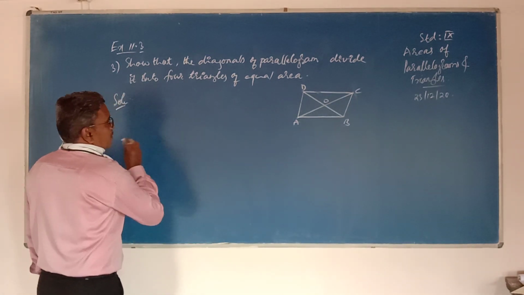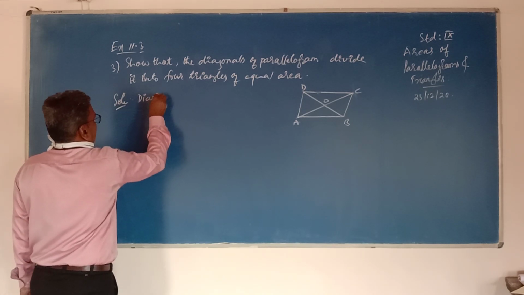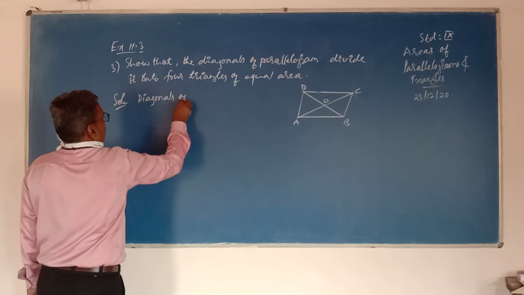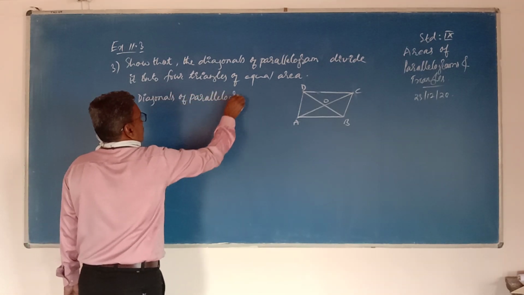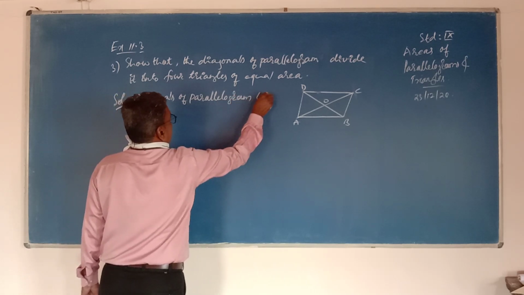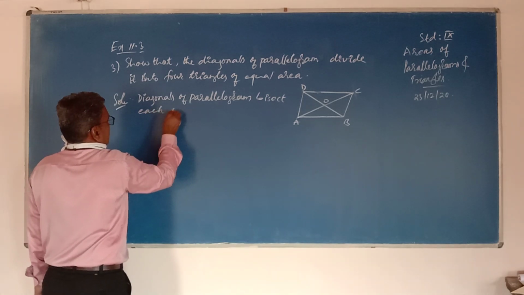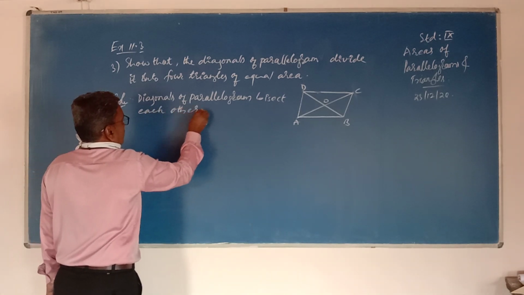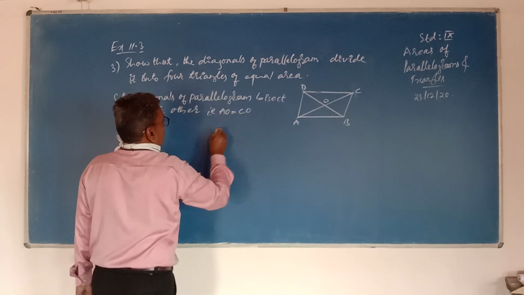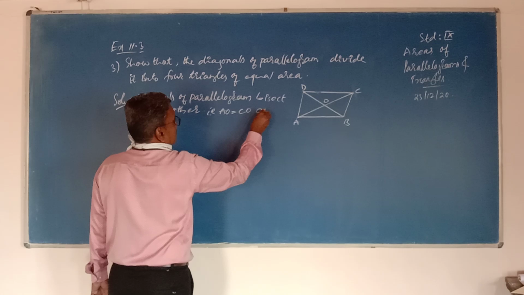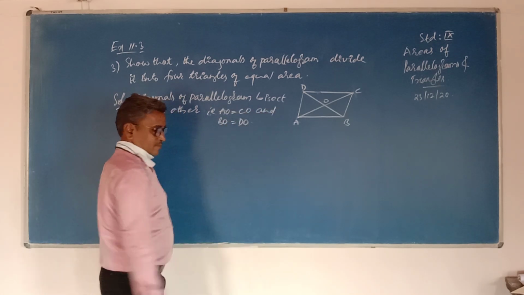Now, diagonals of a parallelogram bisect each other. That is AO equal to CO and BO equal to DO. Very important.